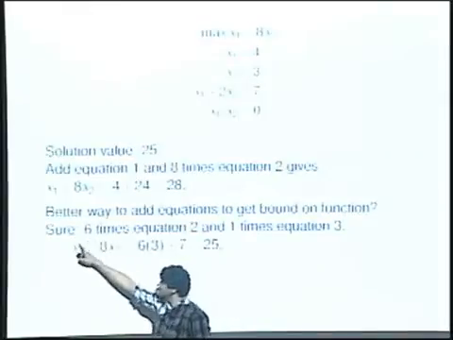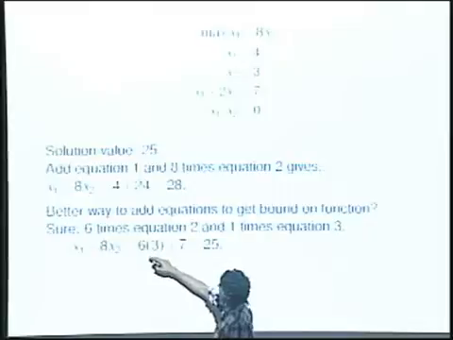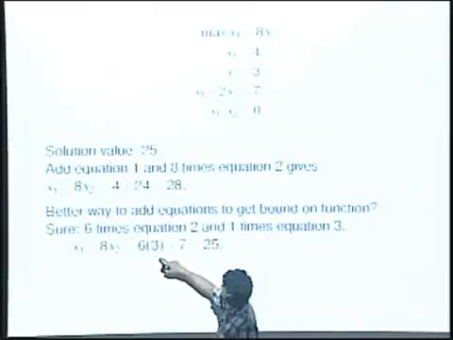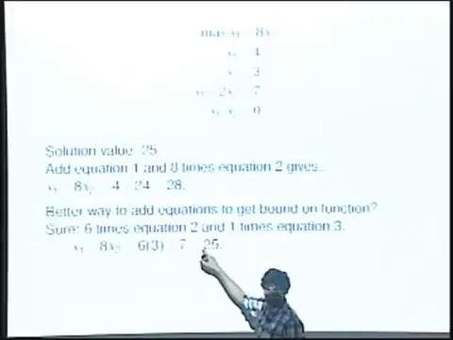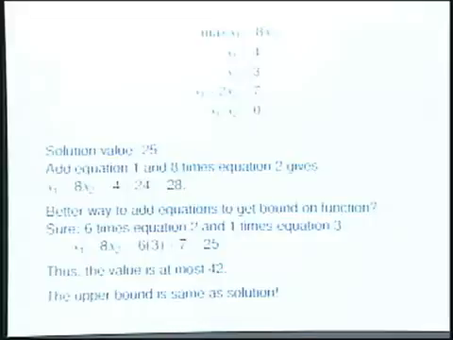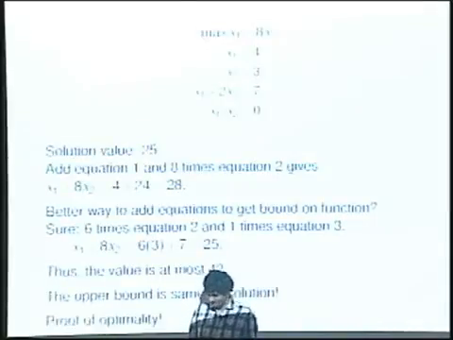So on the left-hand side, you get x1 plus 8 times x2. On the right-hand side, you did 6 times equation 2, which would be 6 times 3, and 1 times equation 3, which is 7, which is 25. So yeah, I think I had a different example. I'm sorry.